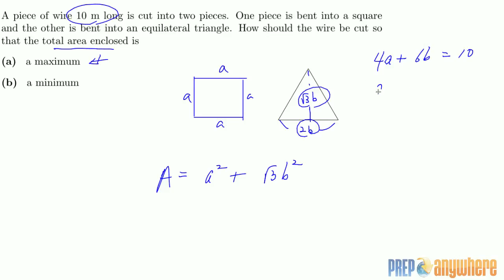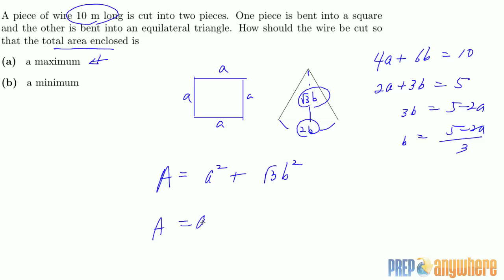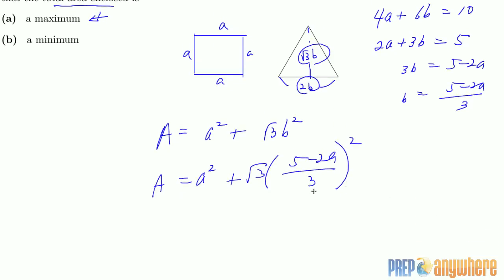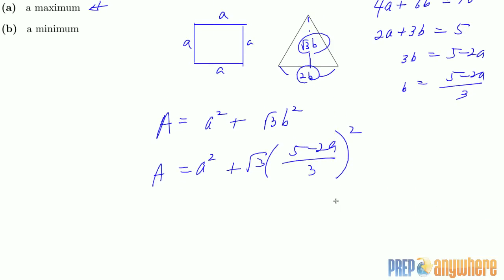So divide everything by 2. Okay, so b is 5 minus 2a over 3. So root 3, 5 minus 2a over 3 squared. So this actually turns out, no, okay.